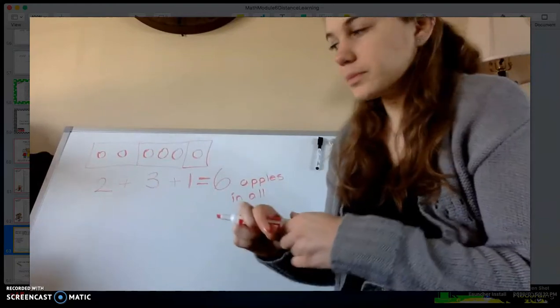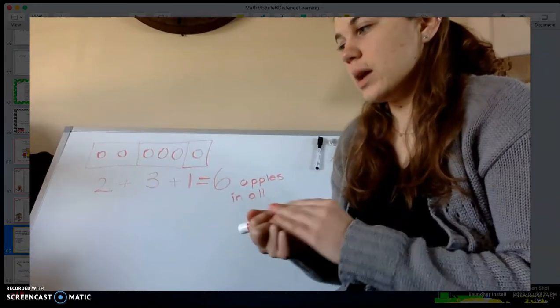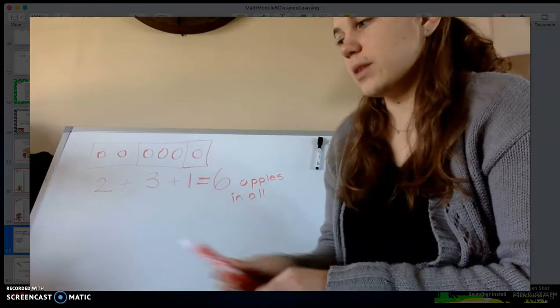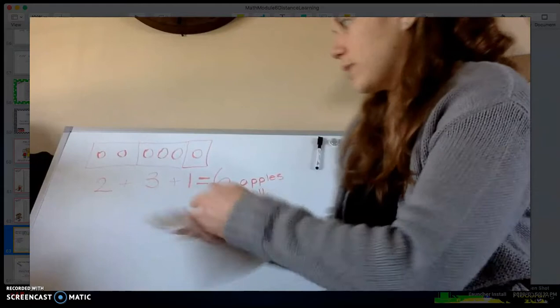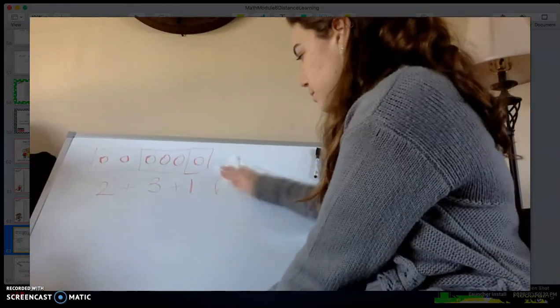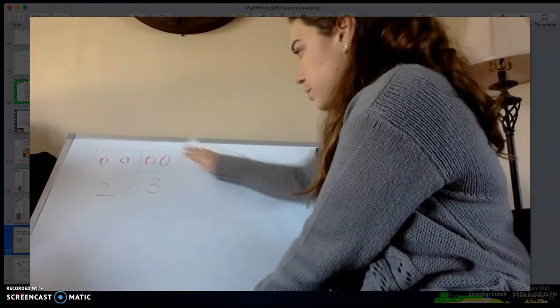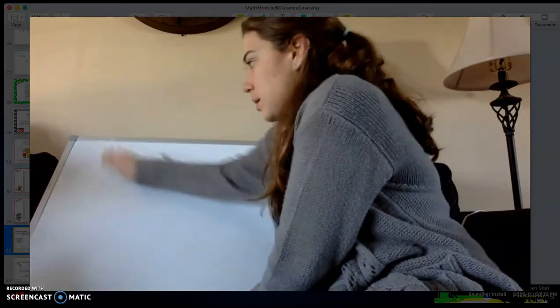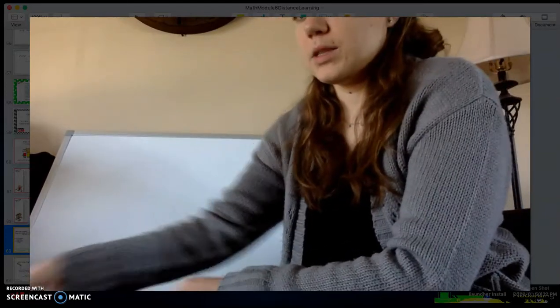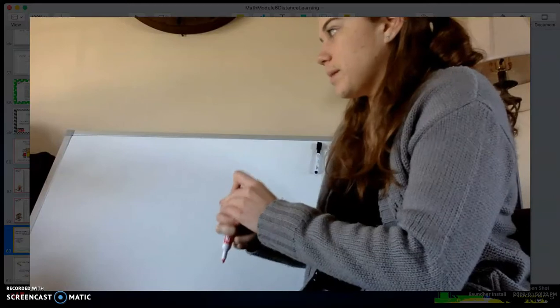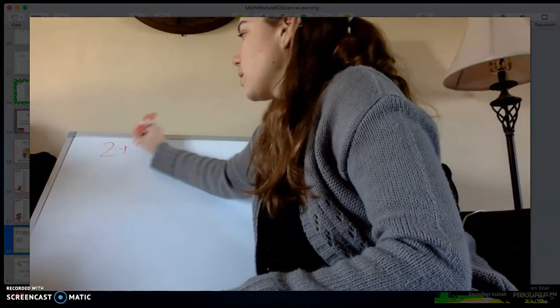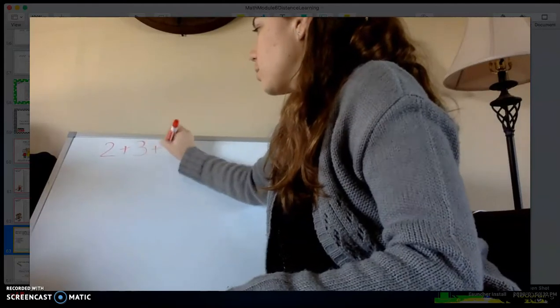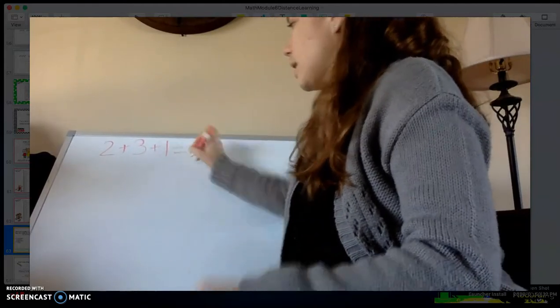Awesome job. Now it wants to know, how would this be different if there were equal groups of 2 apples in each bag? So I'm going to erase my work so I have some room. But I'm going to write my number sentence for that one up top so we still remember it. So it was 2 plus 3 plus 1 equals 6.